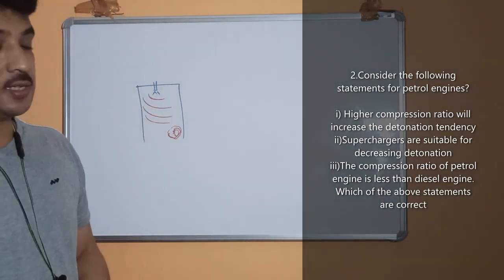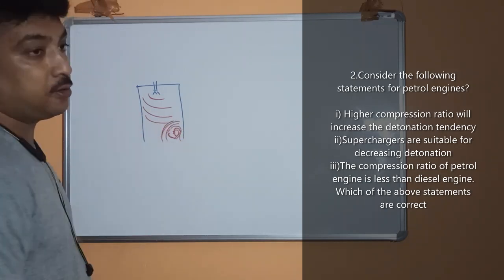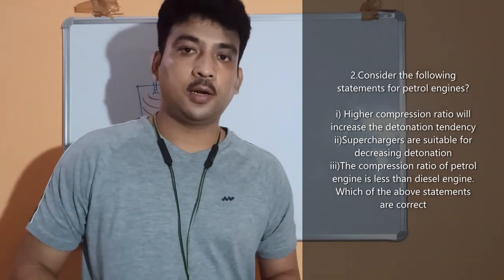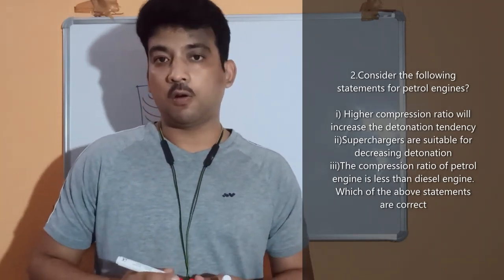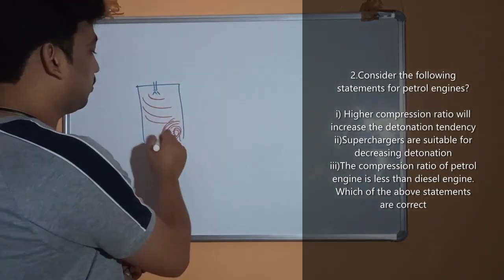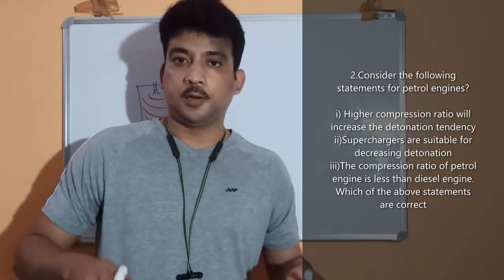Before the flame reaches some point where the temperature and pressure are very high, auto ignition occurs, and because of it there is a sound, like a rock striking the walls of the cylinder. That phenomenon is called knocking or detonation, caused by pre-ignition at some unwanted place before the flame reaches that zone of the cylinder.